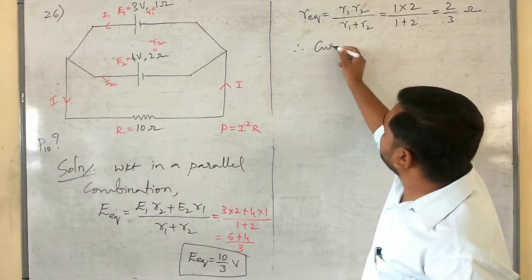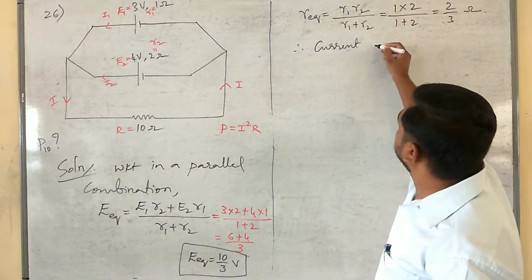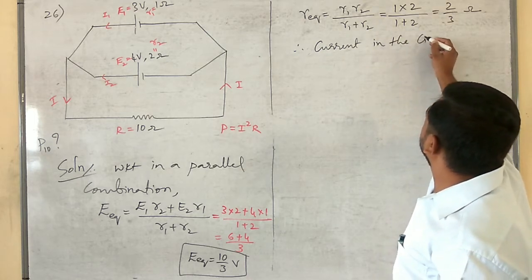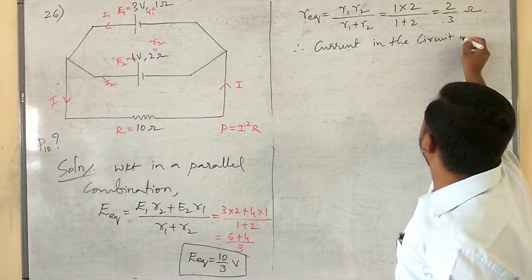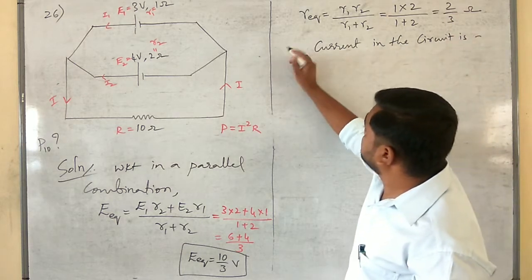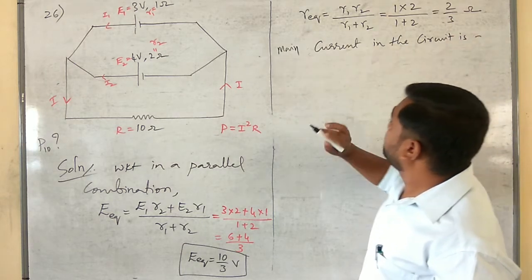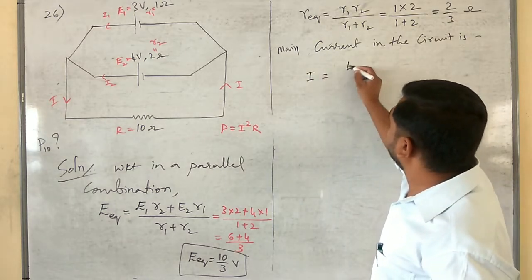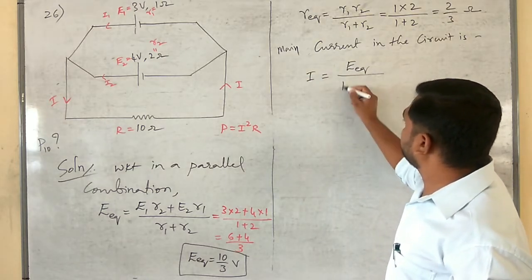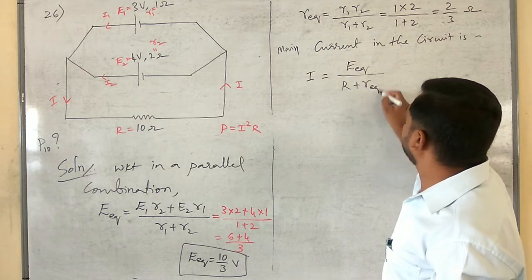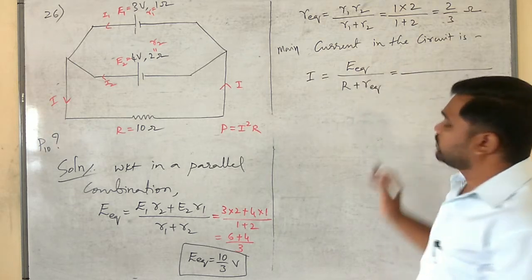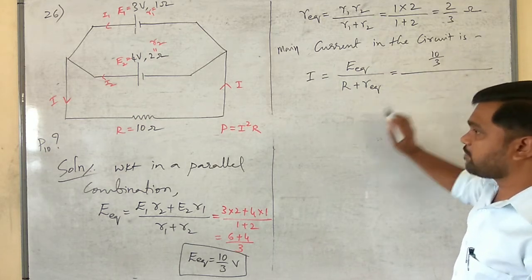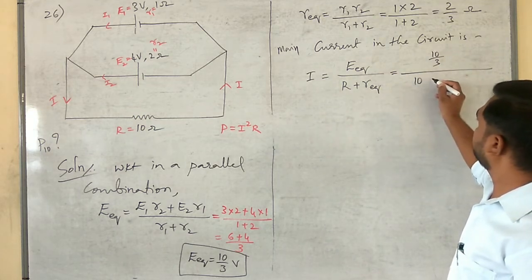Therefore, current in the circuit, that is main current or total current in the circuit, is given by I is equal to E equivalent divided by R plus r equivalent. What is the value of E equivalent? 10 by 3. What is the capital R? 10.